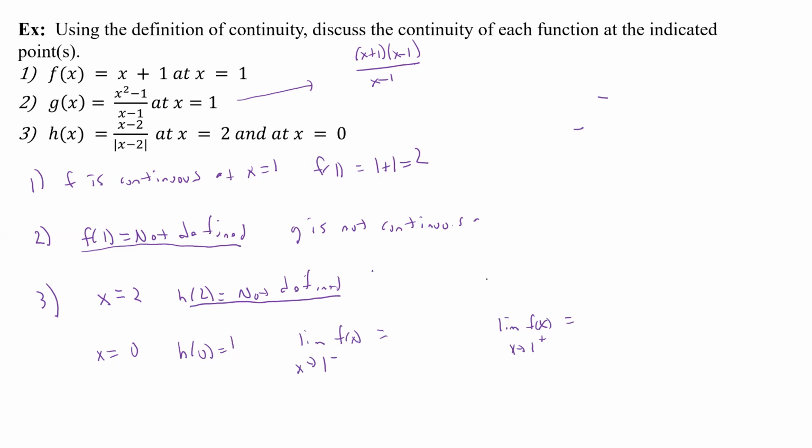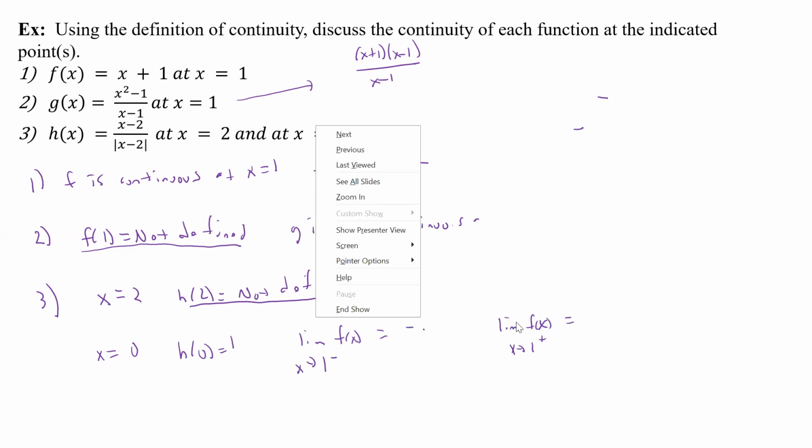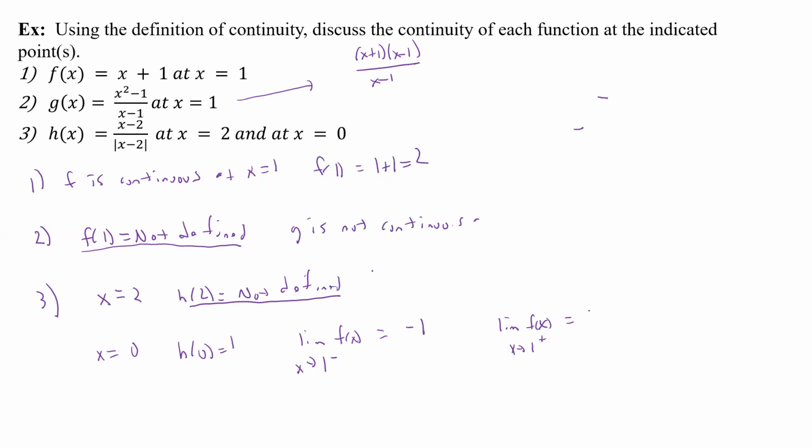But if we plug in from the left, that's going to be a negative 1. And that's also going to be negative 1 from the right. Because those two are equal, then the limit of f of x is equal to negative 1 as x approaches 1. Okay, and that's going to be kind of a key thing.